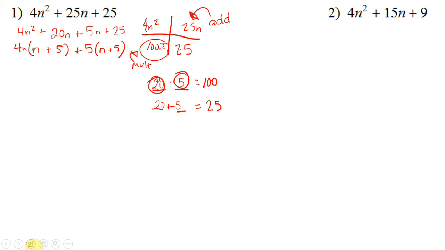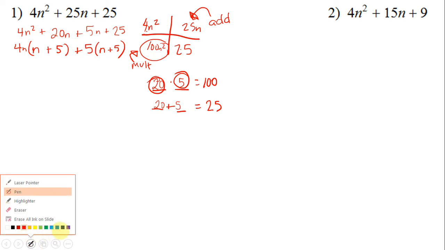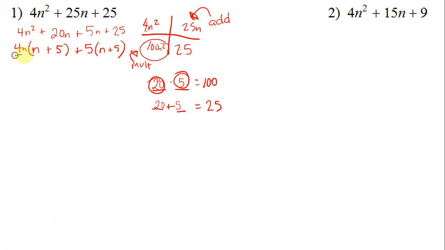This is going to mean that my two terms are going to be 4n plus 5 and my other term will be, these are the same, so I can cross out one of them, n plus 5.